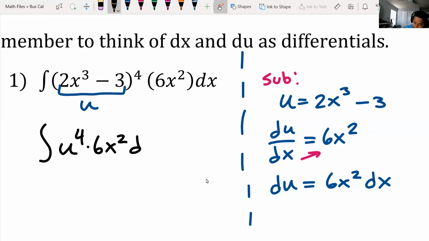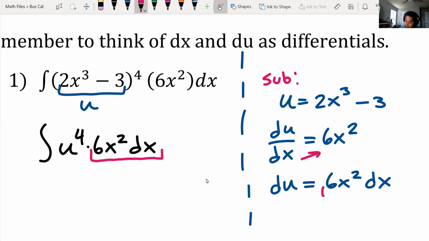6x squared dx. Now, I want you to look at this integral, and I want you to look at our substitution and tell me, do you notice anything similar? There's a 6x squared dx here. Do I have a 6x squared dx on my substitution? Yes.